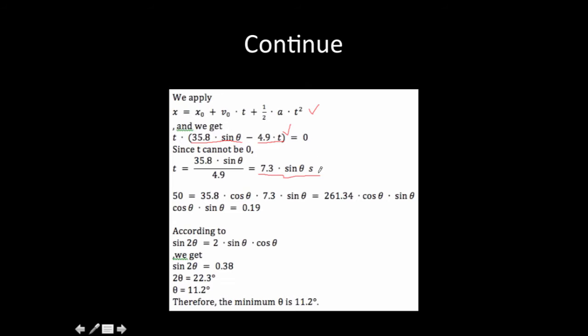And then we move on to here. So this is the distance. 50 is the distance. The above is the vertical part.